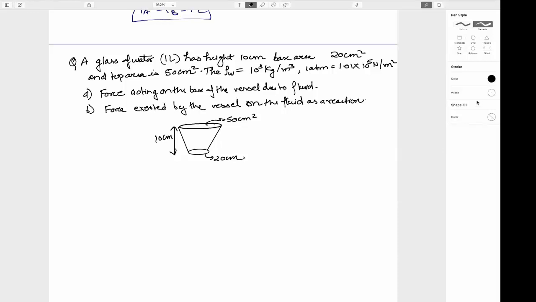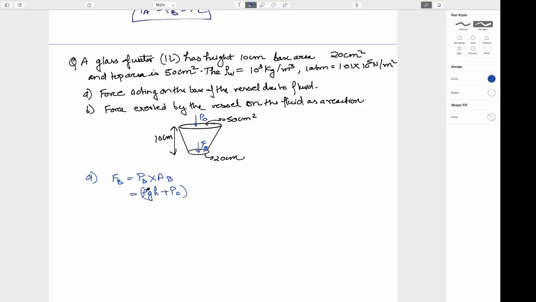First part is very simple. Let's solve this. First part is we need to find the force on the base. The force on the base is pressure on the base into area of base. Pressure on the base is nothing but rho GH plus P naught into AB. P naught is given.